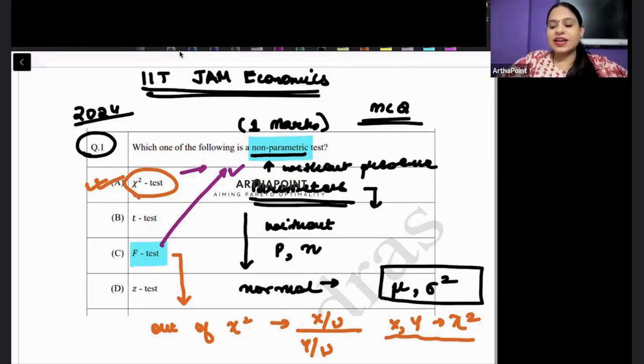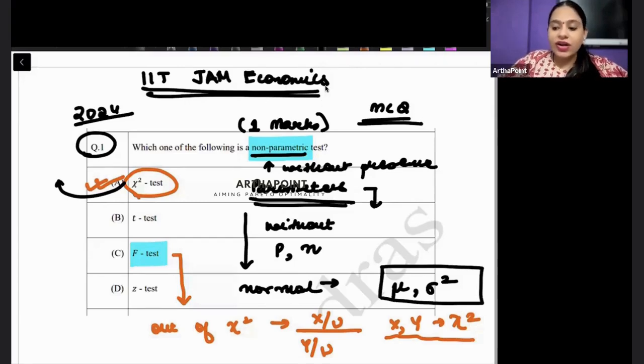Very good. That is the correct answer. Chi-square has many applications, and one of its applications that we have studied, absolutely correct answer, बेटा इसका एक application जो हमने पढ़ा है, that is independence of attributes, right? And in that independence of attributes, I don't require any parameter.